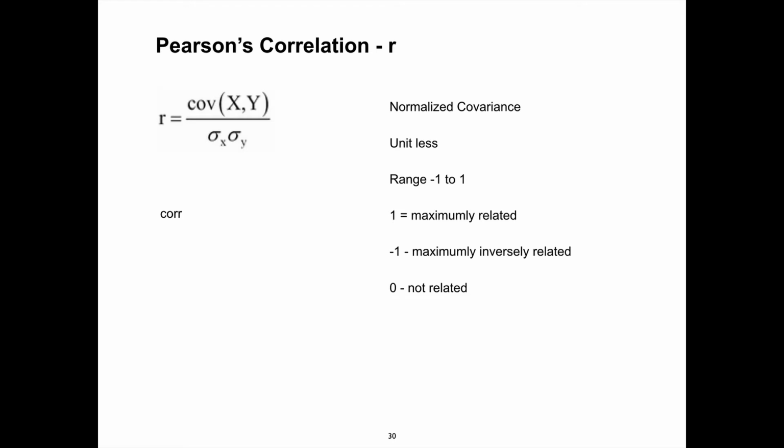And of course, all the standard toolkits will compute this, right? So in Python, it's corr with 2 R's.